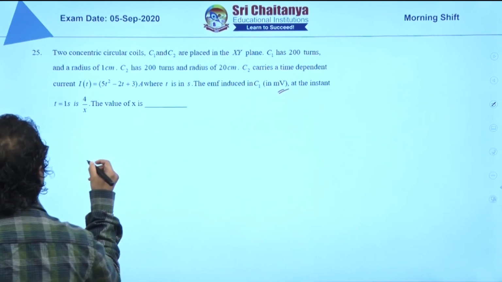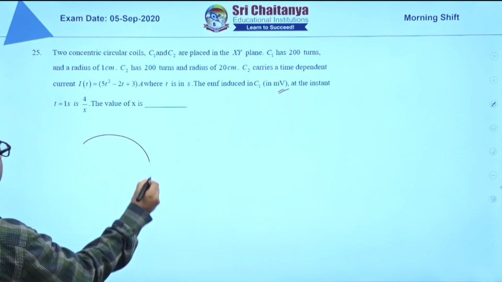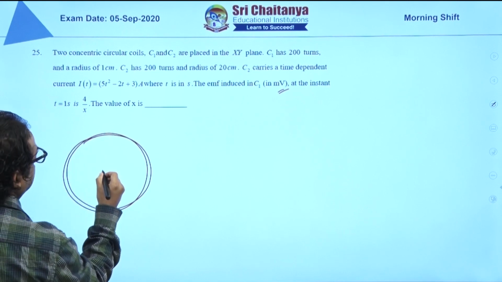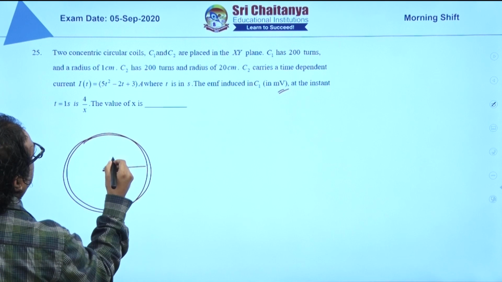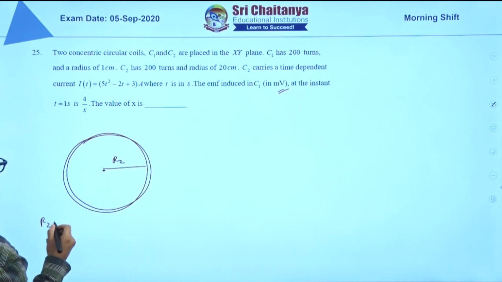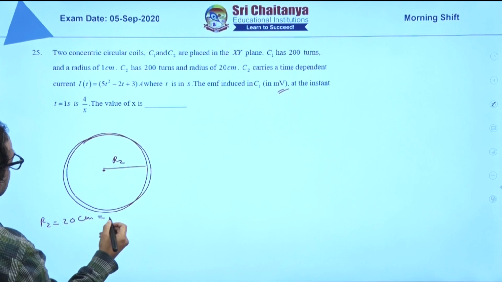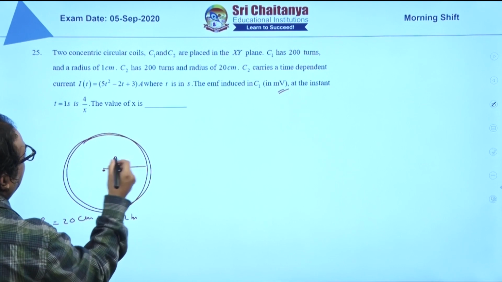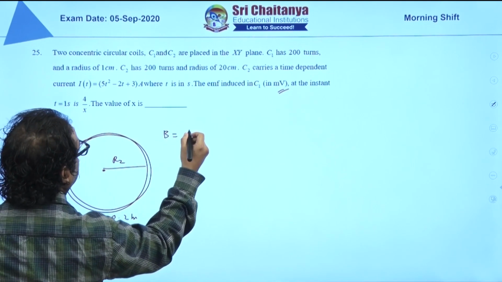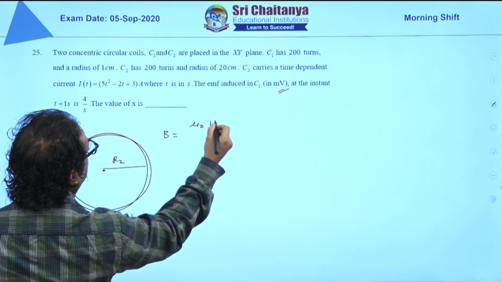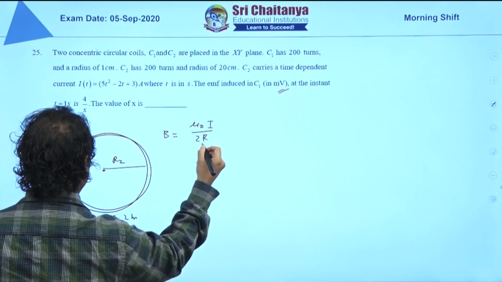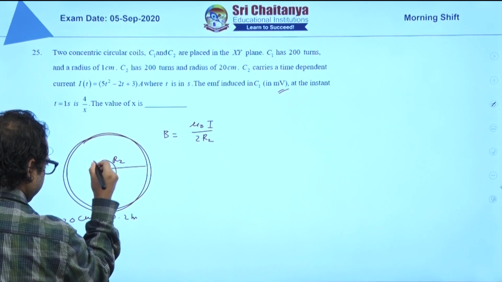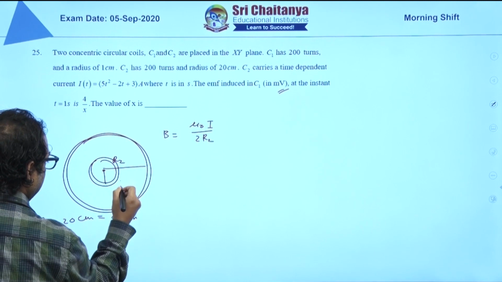So, let us say this is your C2. Here the radius is R2, R2 is given as 20 centimeter, so it is 0.2 meter. Number of turns is N2. So, magnetic field B is nothing but mu naught I divided by twice R2, over the coil which is having a smaller radius R1.